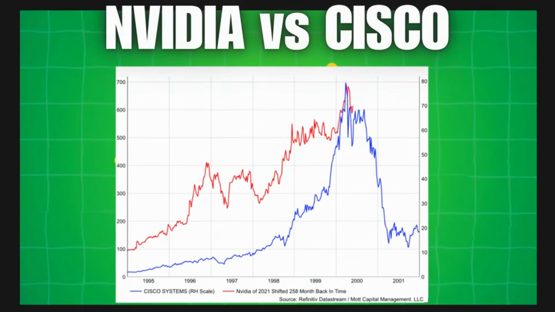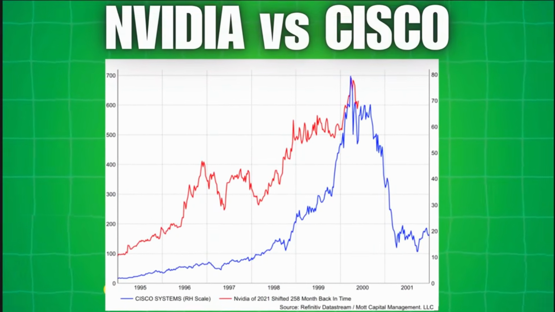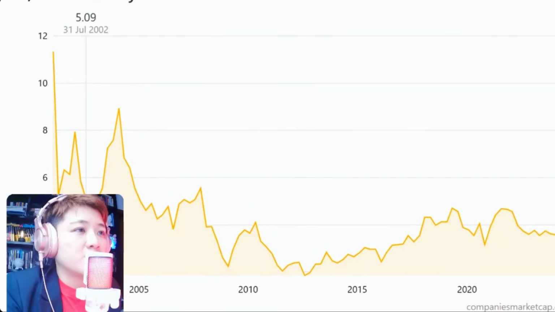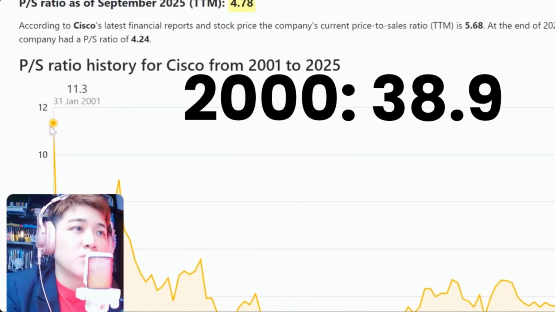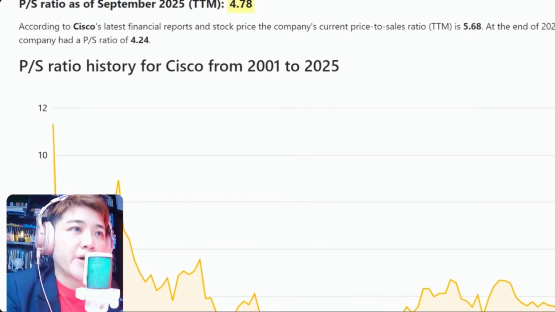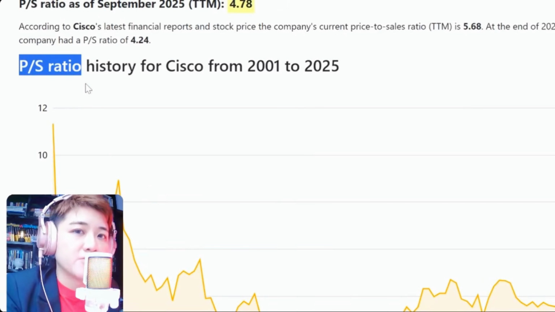So back in 2000, what is the equivalent of Nvidia? Everybody was snatching up this tech stock, which is Cisco. When you look at the Cisco price to sales ratio chart, in the 2000 pre-crash levels, it went all the way up to 38.9. And why do I compare price to sales ratio as compared to PE ratio?